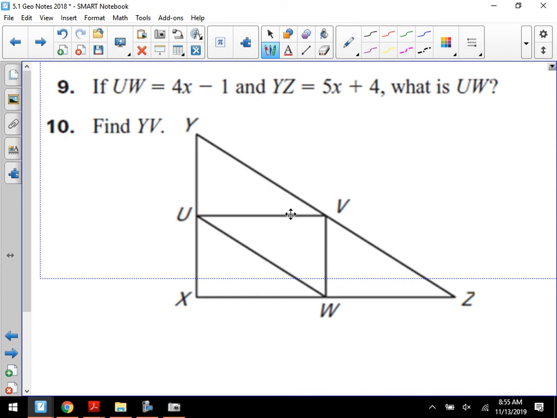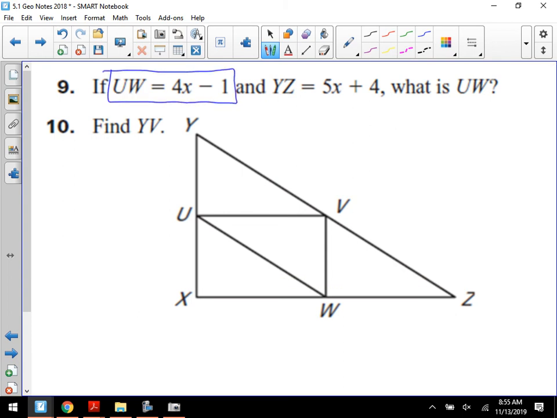Now, in the problem, it gives you UW is 4x minus 1. And then it says YZ is 5x plus 4. Now, which of those two segments is the mid-segment?